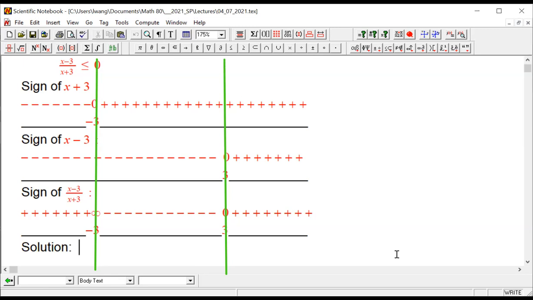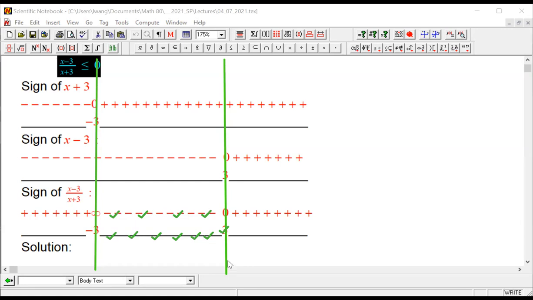In the end, do we have a solution now? On this form, we want this quotient to be less than or equal to 0. So where is it less than 0? You just identify those negatives. These x's will be the solution, including the one that makes it equal to 0.